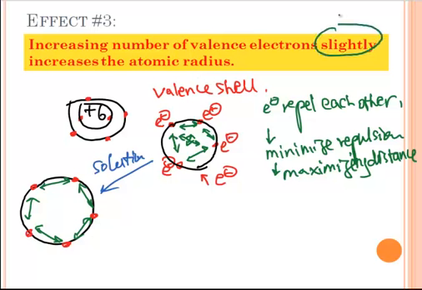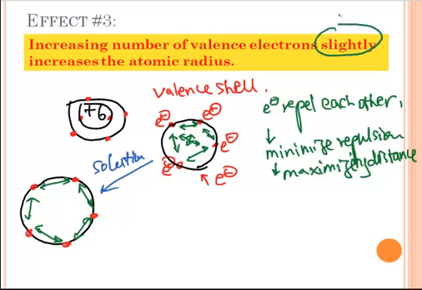So do we have effect number 1? The answer is definitely yes. Do we have effect number 2? Let's go back to effect number 1: 1 ring, 2 rings, 3 rings, so the number of rings increases. Effect number 2, yes, because it's +1, +3, +11.